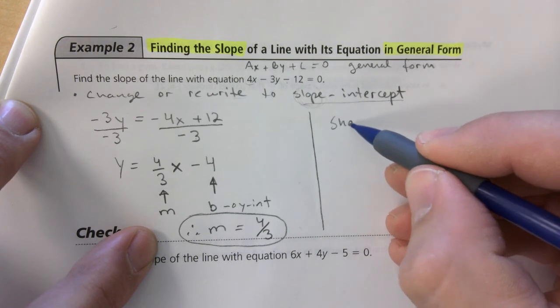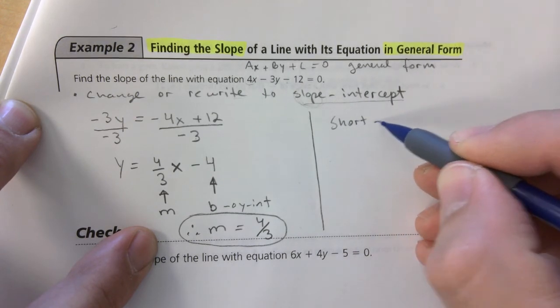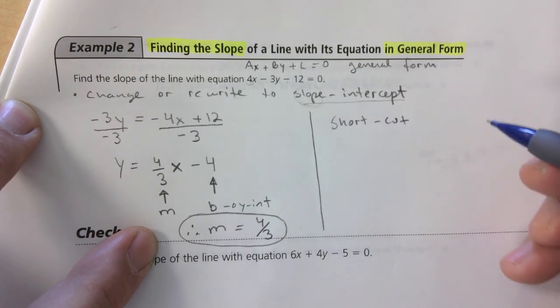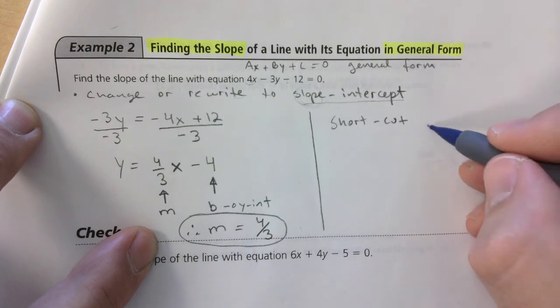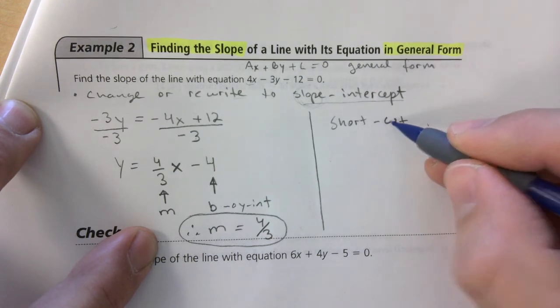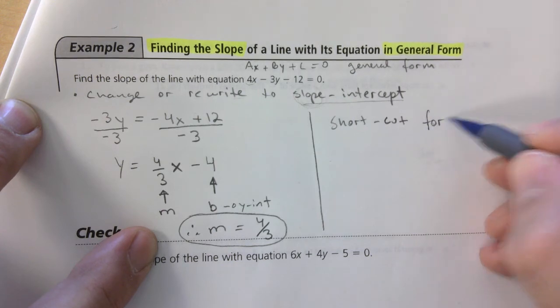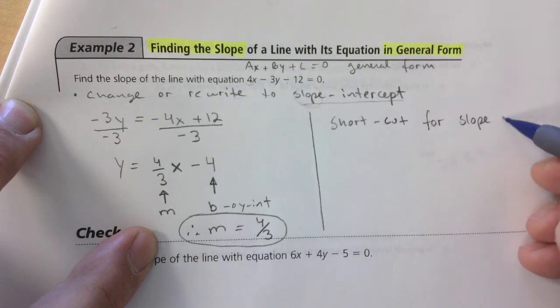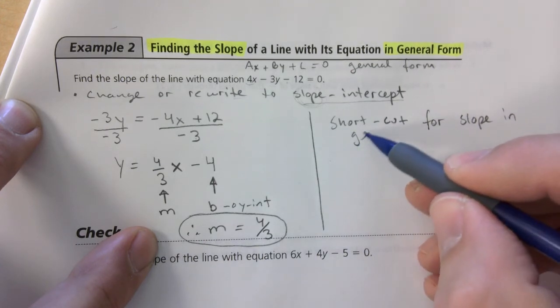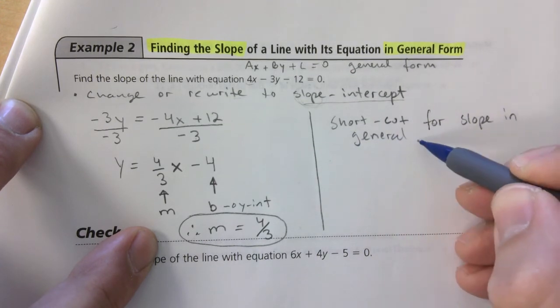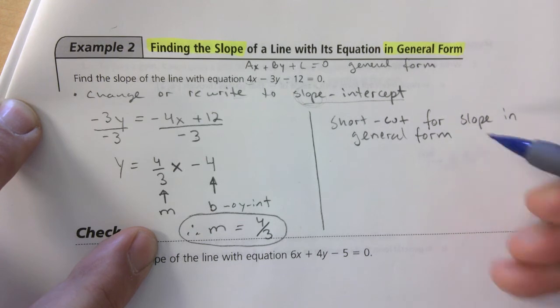Shortcut. Don't we like shortcuts, right? Control C, Control V. Shortcut for slope in general form. This only works if it's in general form, okay?